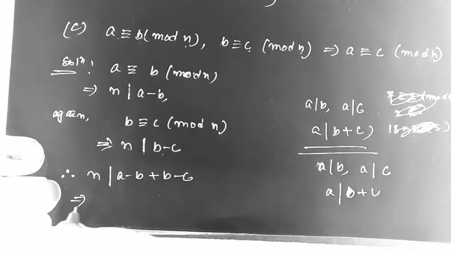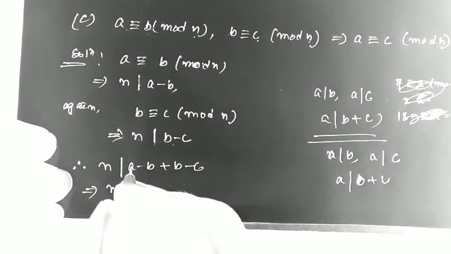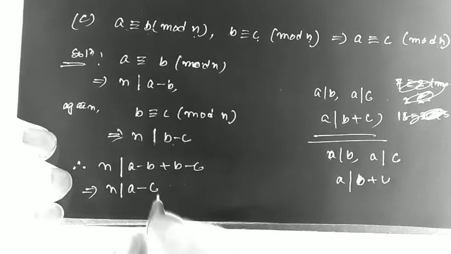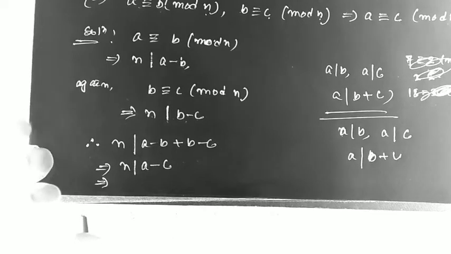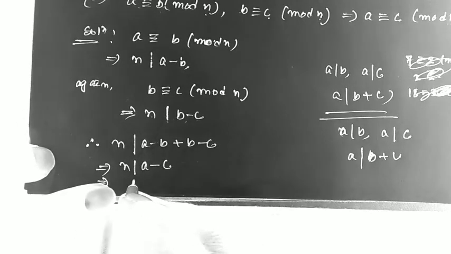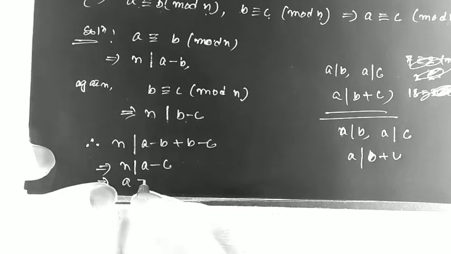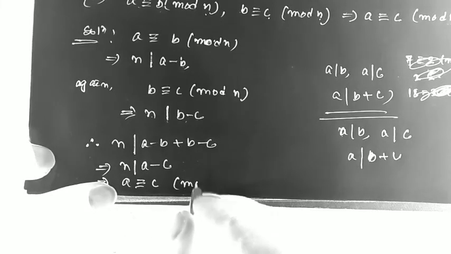Here b cancels, so n divides a minus c, and this can be written as a is congruent to c mod n.